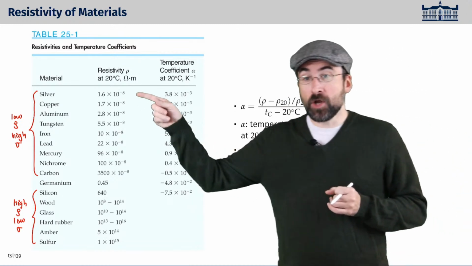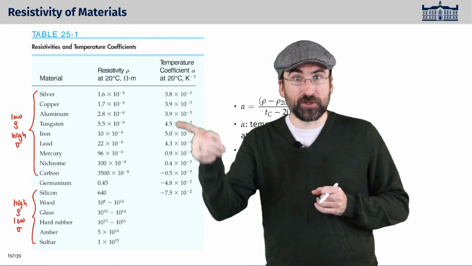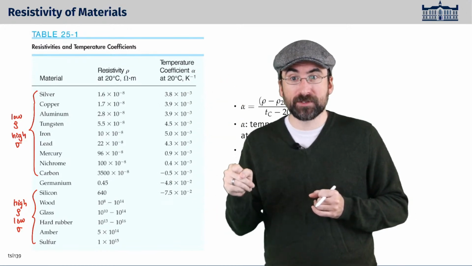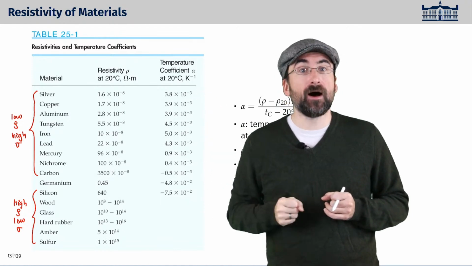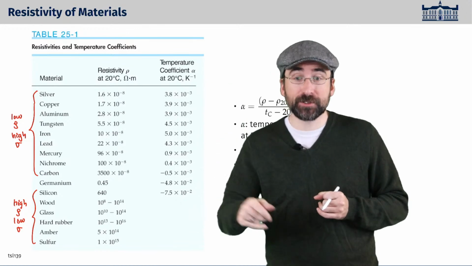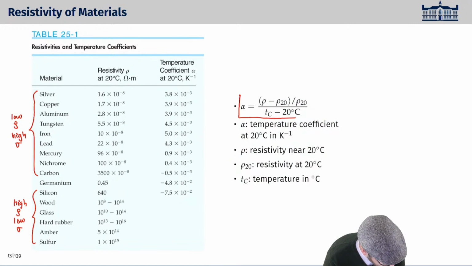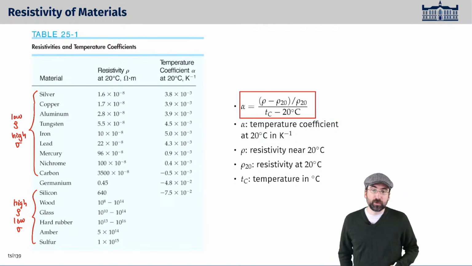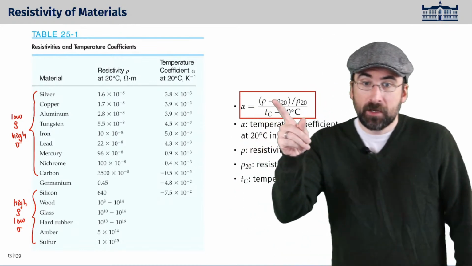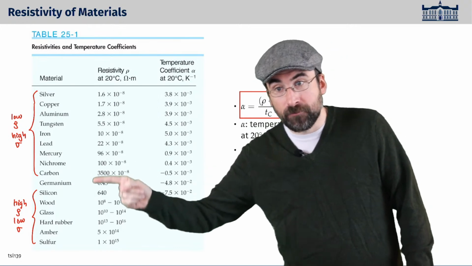In fact, not only do these materials have a resistivity, there is also a temperature coefficient, we use the symbol alpha to represent that, that indicates how the resistivity changes as temperature changes. So it's this formula right here that gives us the relationship between the temperature coefficient alpha and the resistivity at different temperatures. So this rho sub 20 is the value from this column.